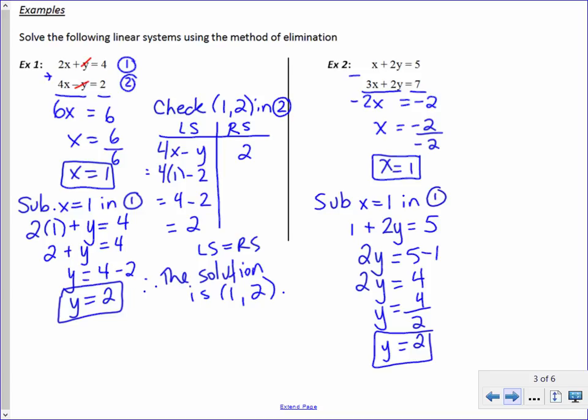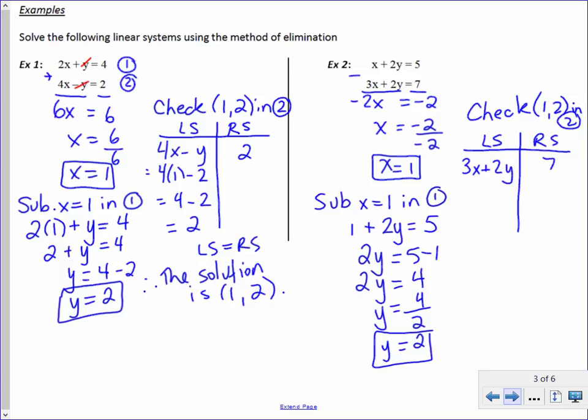Now, again, check 1, 2 in 2. So this time I've got 3x plus 2y and 7. 3 times 1 plus 2 times 2. Oh, got a good feeling about this.